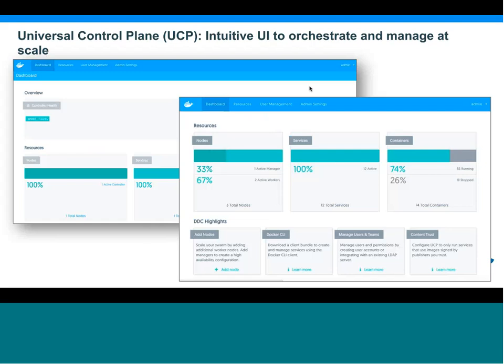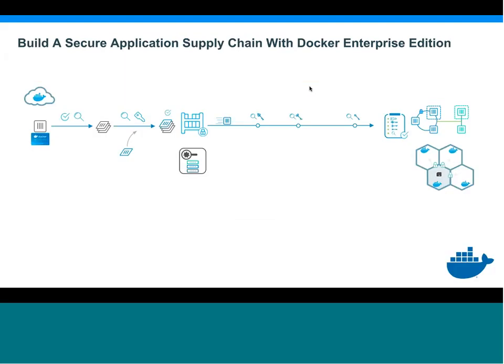So when we're talking about role-based access control, the trusted registry, those promotion policies and the scanning, everything that you've seen from that perspective is all controlled via this universal control plane UI. And then running the applications themselves, where they run, how they run, monitoring the applications, that's all part of the universal control plane.